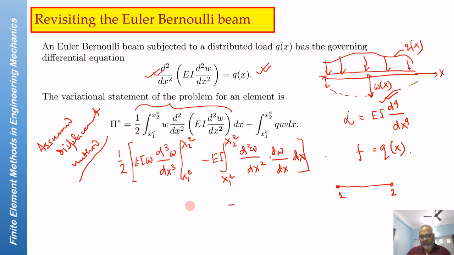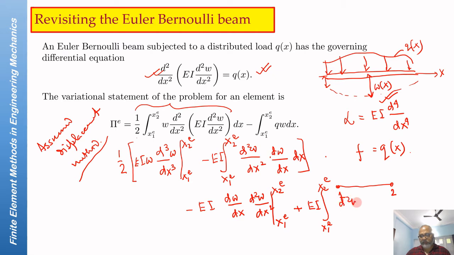This will become minus EI dW dx times d square W dx square evaluated at x1e and x2e, plus EI integration x1e to x2e of d square W dx square into d square W dx square dx. This is d cube W, sorry.